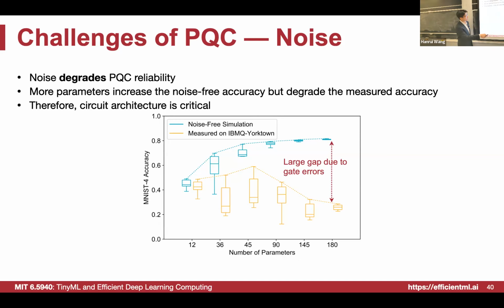So we can see a sweet spot between a very small number of gates and a very large number of gates. We have to carefully design the size to make sure we are around the sweet spot, which achieves the best accuracy on the actual device.